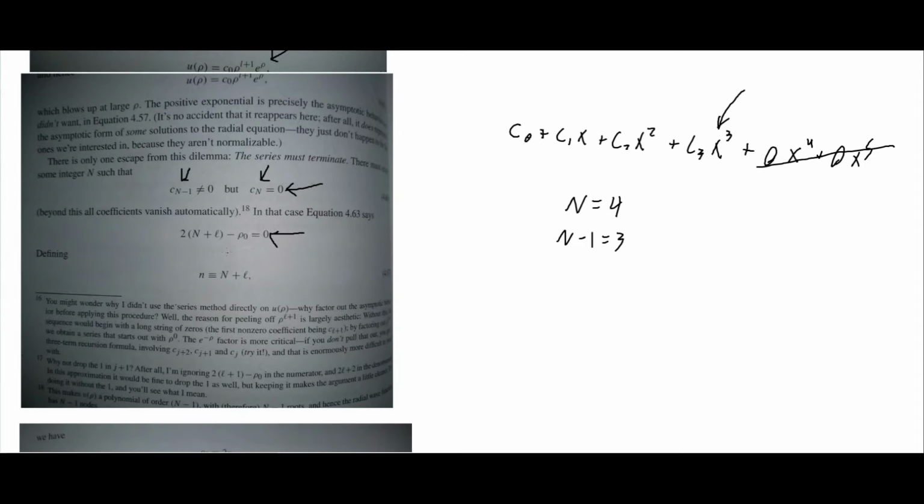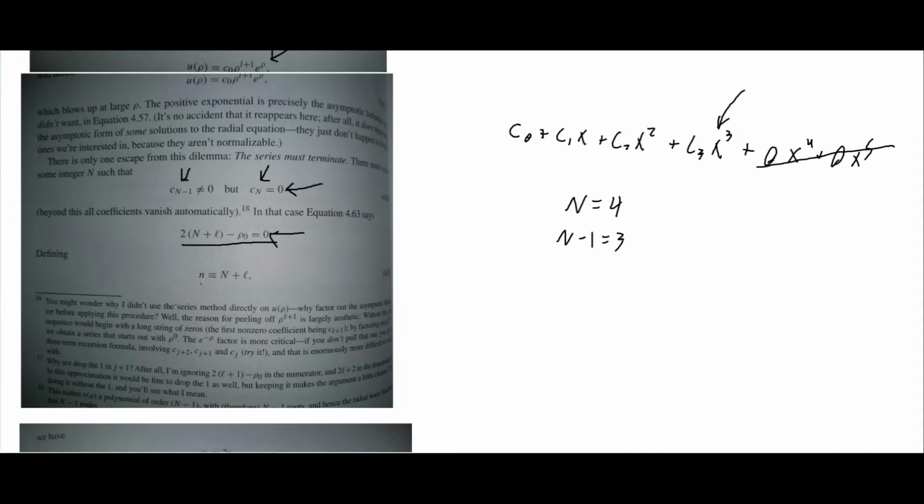So it ends up being 2 times big N plus L, then minus this rho sub naught. That's what we end up with here. And we're saying that this has to equal 0, because what we want is for this whole formula right here to become 0. We want the numerator to become 0 when we get to that big N. And so that's what this is saying right here.